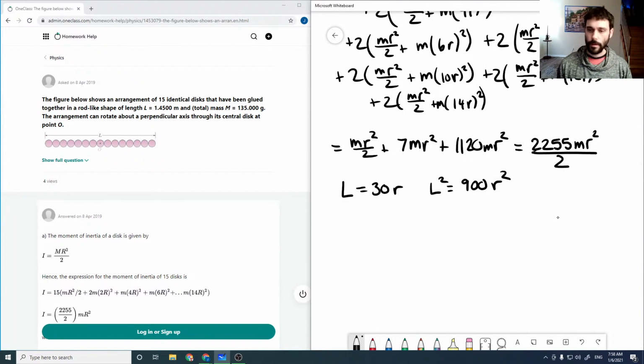But before we do that, we might as well use the full mass. And so our full mass is 15 times the little masses. And so our little masses are m over 15. And here as well, our r squared is L squared over 900.